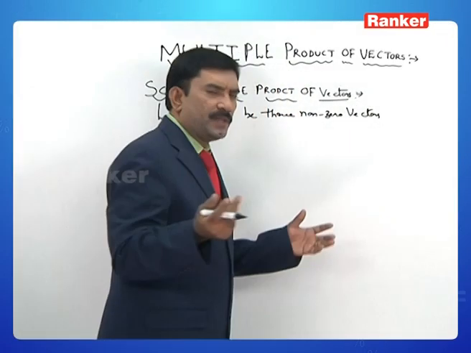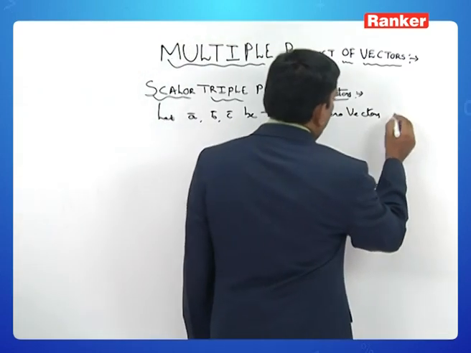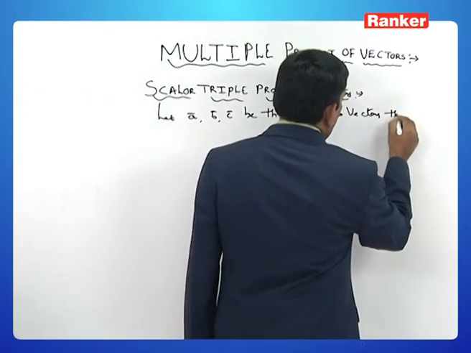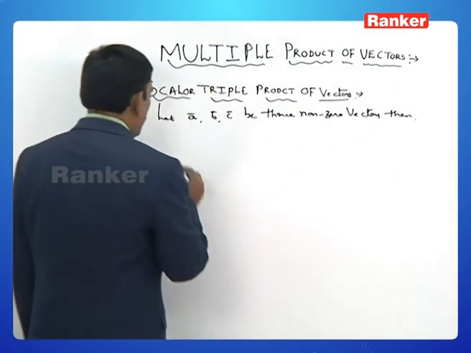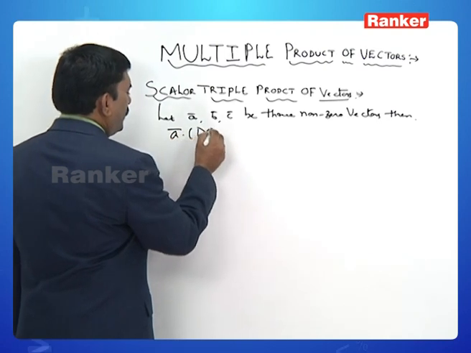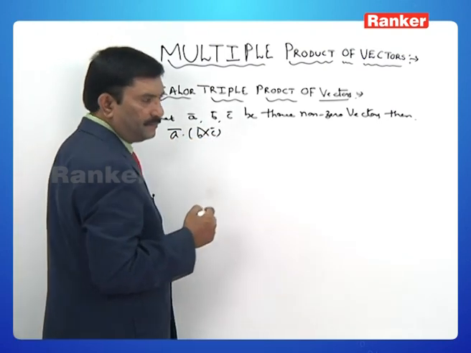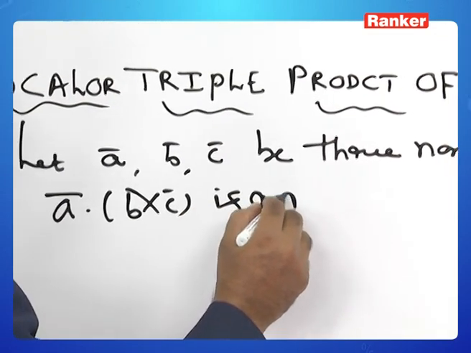You can take them as non-parallel vectors also. Then A bar dot of B bar cross C bar is a real number.